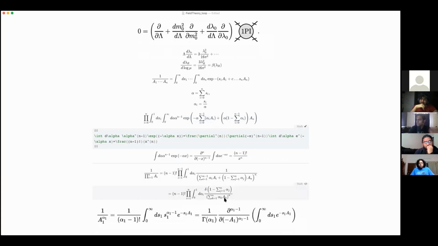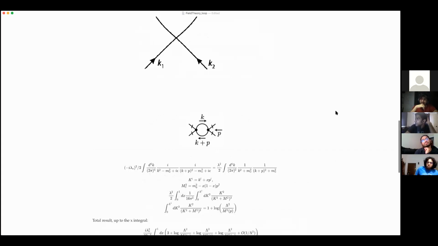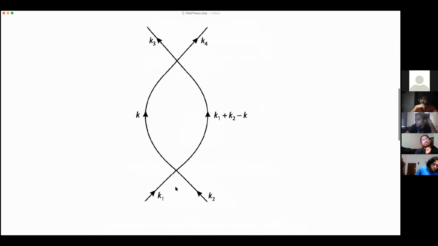So these are like, as I said, higher loop diagram evaluations, right? Why higher loop? Imagine I had a theory with a quartic vertex, but also a cubic vertex. Then I could draw a line here. I'd have a two loop diagram, right? So this two loop diagram is going to involve integration over one more propagator.